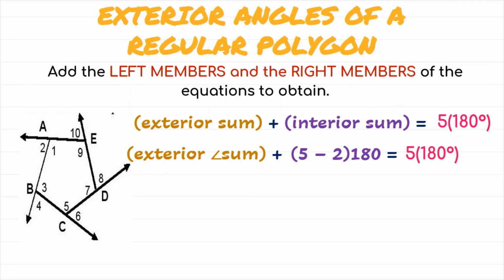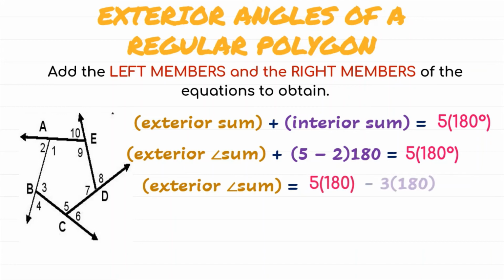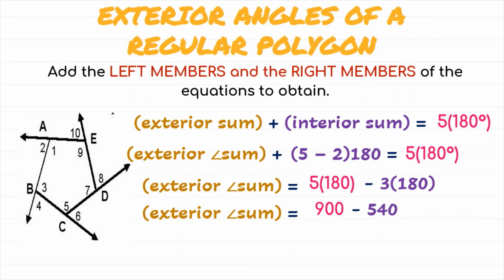So, 5 times 180 degrees. Since 5 minus 2 is 3, 3 times 180 na siya. Nilipat na siya sa kabila. Then, ang magiging ano niyan is 900 minus 540 degrees. That is 360 degrees.